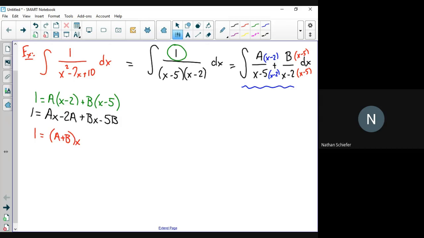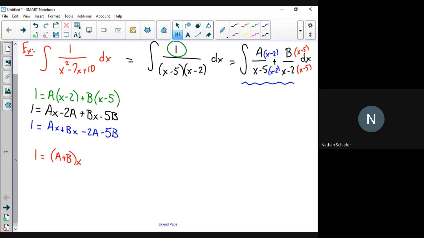Now, if that's too much of a jump for you, then maybe this next step would be important, where I just say ax plus bx minus 2a minus 5b. And then, not quite done with my red step here, I would have plus a negative 2a minus 5b.